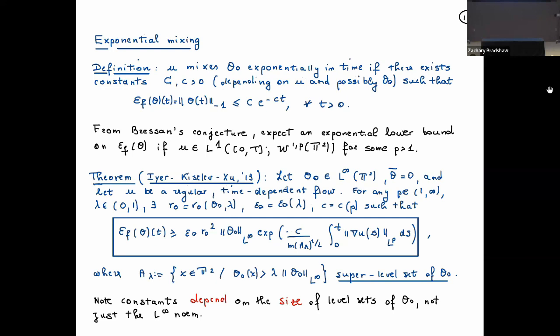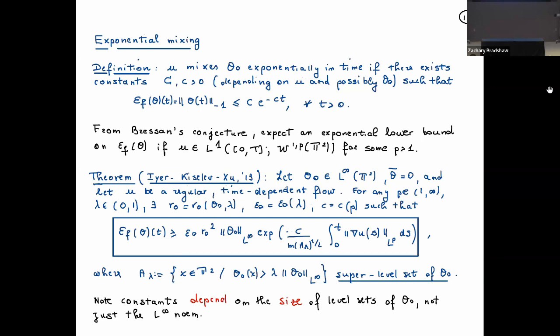The point is that these constants are not just in terms of a norm of theta 0. They are also in terms of, in some sense, the geometry of the initial tracer, which in this case is encoded in the size of these super level sets. But nevertheless, you have an exponential lower bound, which is what we expect. So you can rigorously prove that you cannot do better than that exponential.